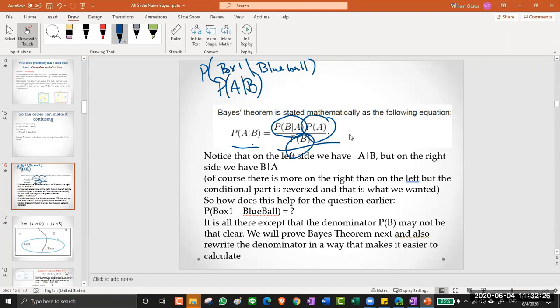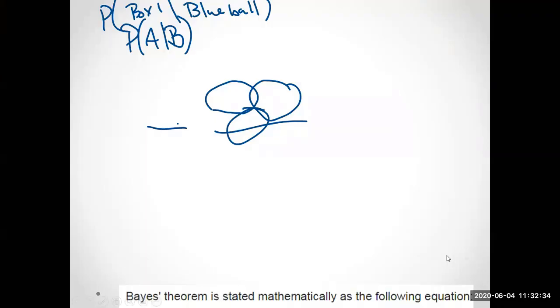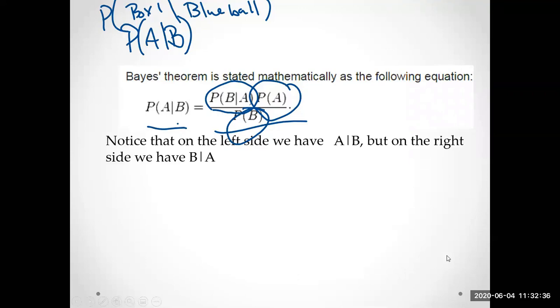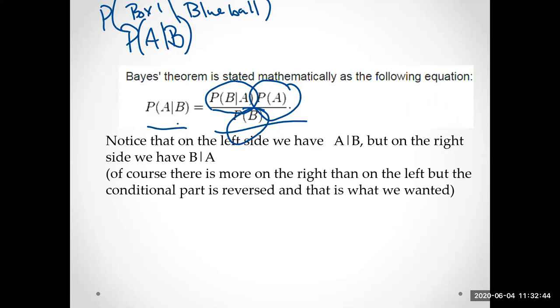Does everyone understand the idea? So this is Bayes' theorem. Notice that on the left side we have A given B, but on the right side we have B given A. Of course, there is more on the right side than on the left, but the conditional part is reversed, and that's what we wanted.